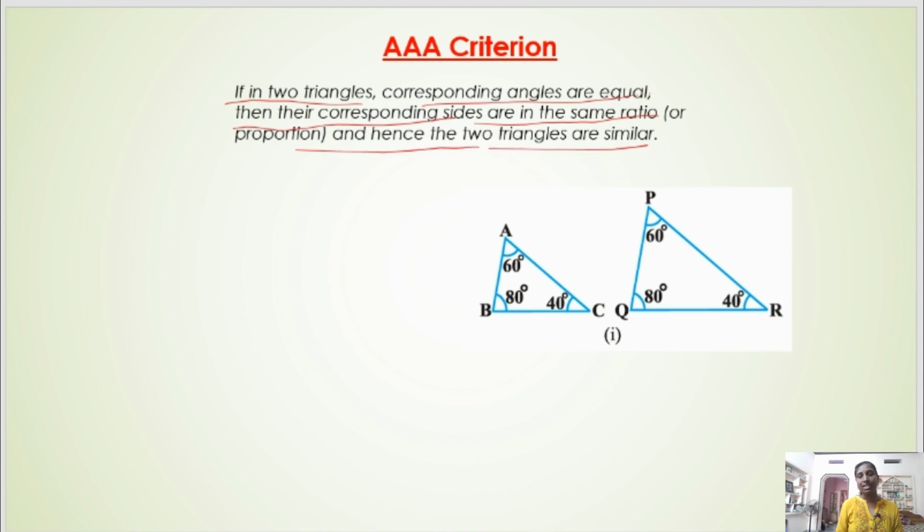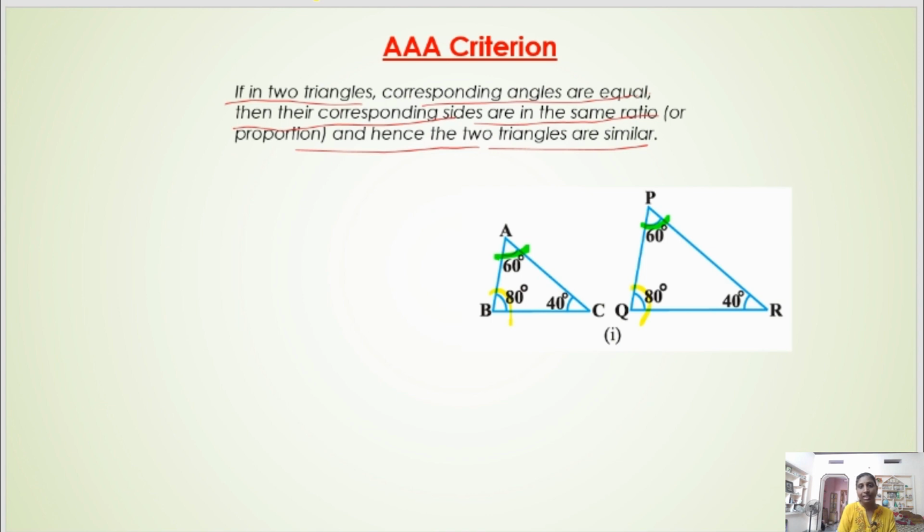Okay, we will understand this with an example. The statement says that if in two triangles corresponding angles are equal. See, here angle A is equal to angle P, and here angle B is 80 degrees, and here angle Q is 80 degrees.